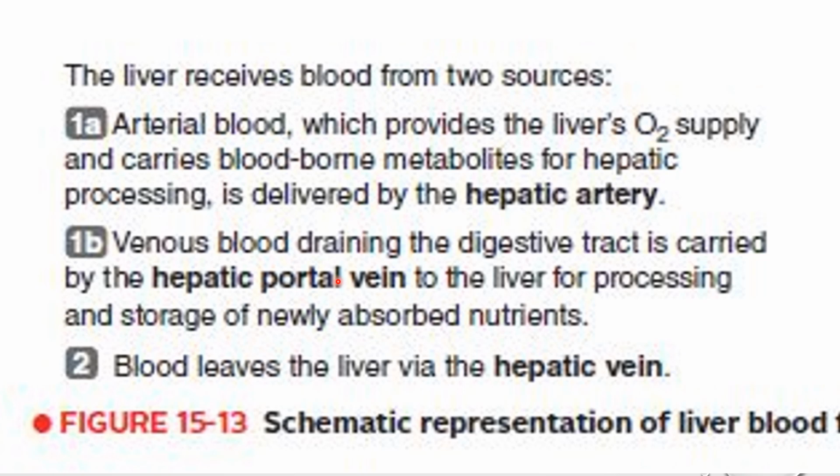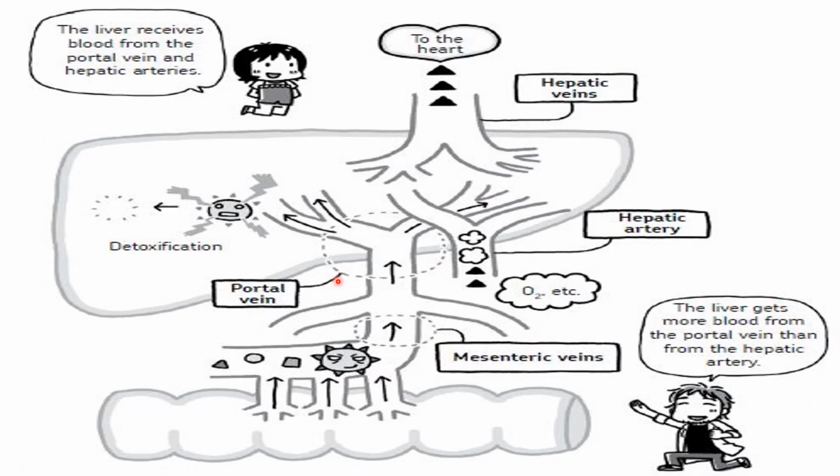So blood leaves the liver through the hepatic vein. Remember these three things: hepatic artery, portal vein, and hepatic vein. So two inputs and one output. Here you can see the portal vein, which receives blood from the mesenteric veins, the superior and inferior mesenteric veins.